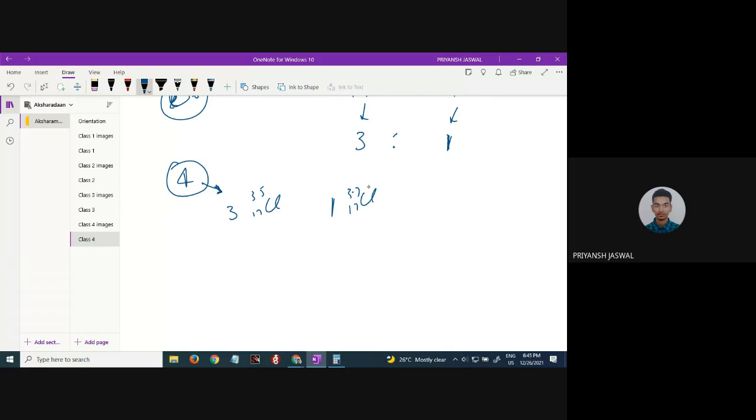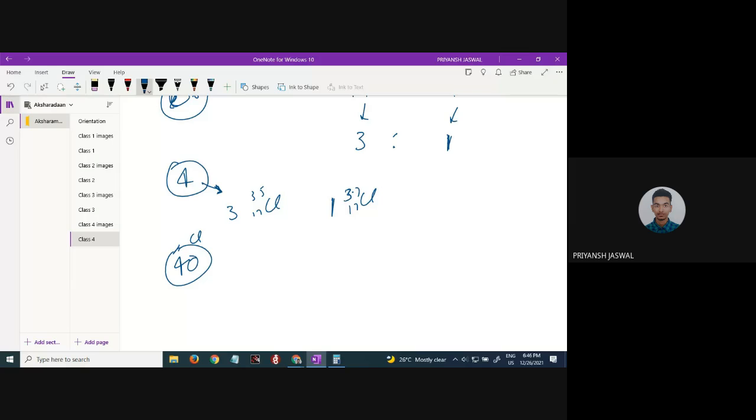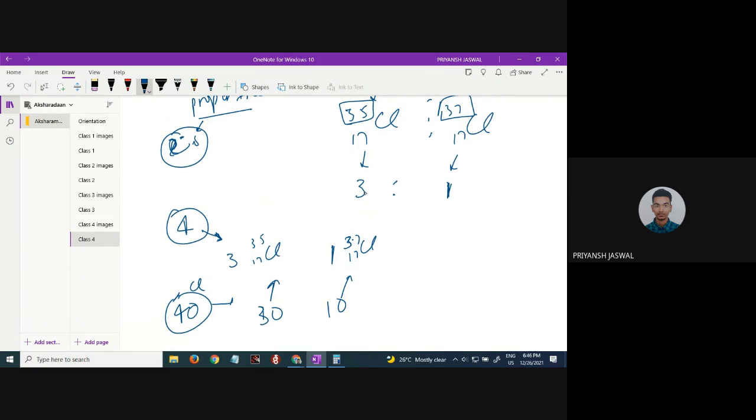Not always, but most of the time. And suppose I capture 40 atoms of Cl, then 30 will be Cl35 and 10 will be Cl37. That is the meaning of the 3:1 ratio.